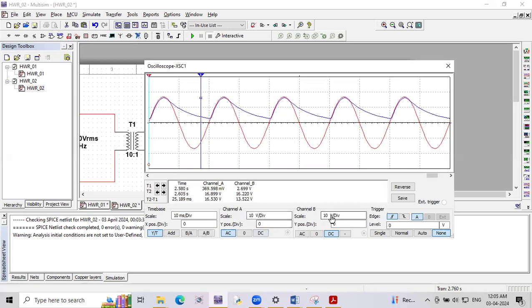So 1.6 into 10, the number of divisions, that is 16. Or directly you can put it in the peak value and take down 16.190.